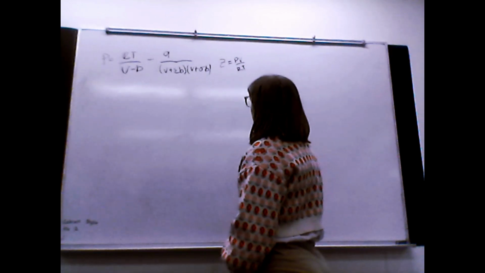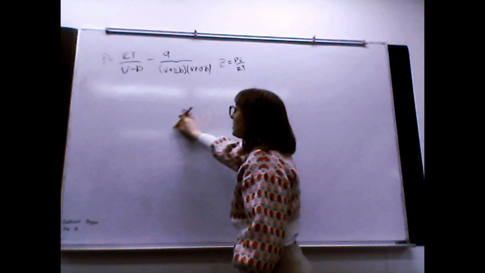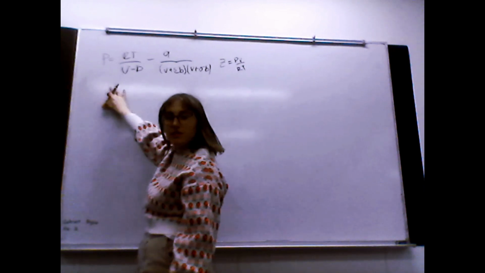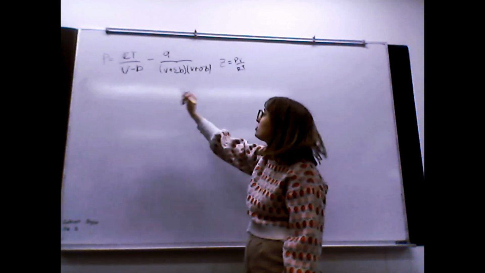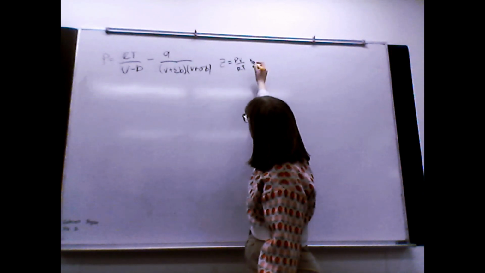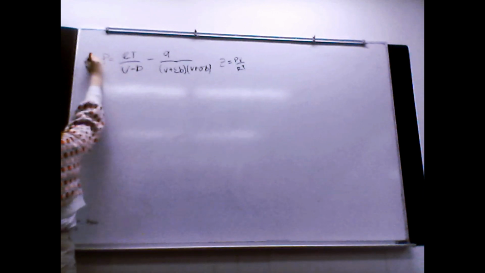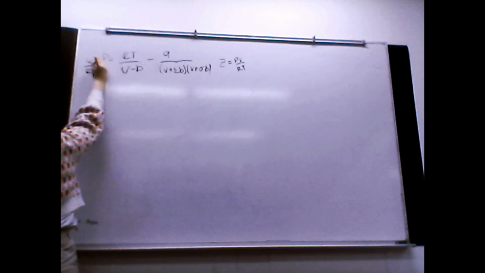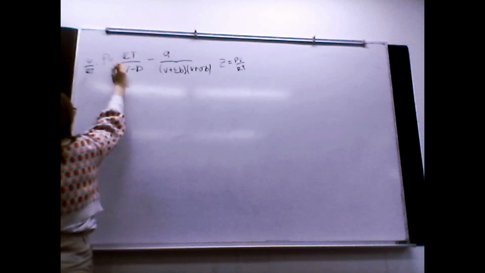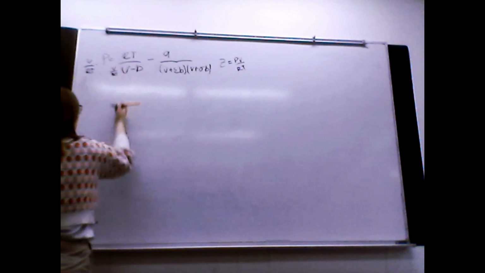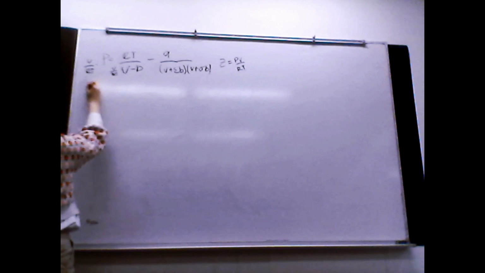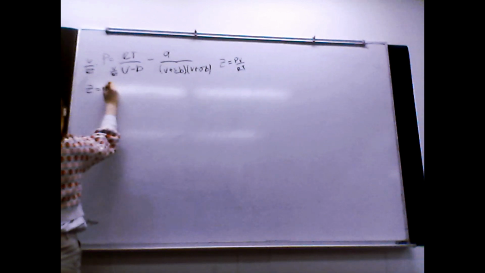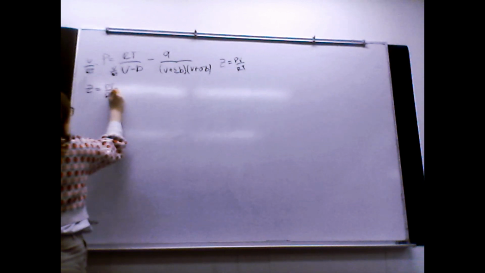So let's make P over here. We want this to equal Z because we want this to just start off as Z. So what we want to do is multiply by V over RT, and then on this side, we want to do V over RT as well. Okay, so this is going to equal Z equals PV over RT.